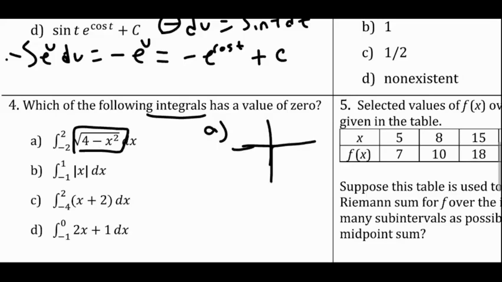So what this would look like is a semicircle with a radius of 2, from negative 2 to 2. And if you look at that, that's literally our bounds. And we can see that this is always positive. It never goes below the x-axis. And remember, anything above the x-axis is positive area, and anything that would be under it is negative area. So there's no negative area here, only positive area, so I can eliminate that.